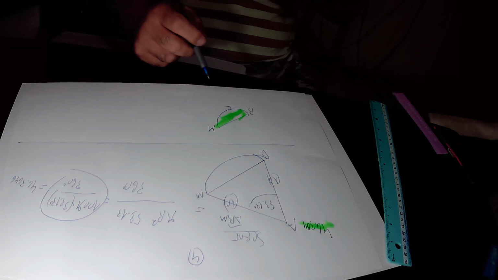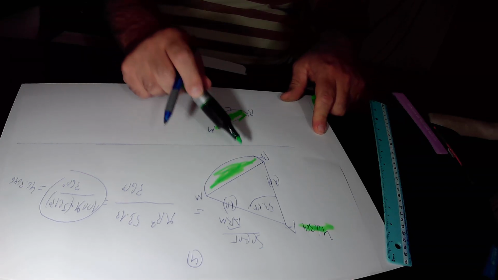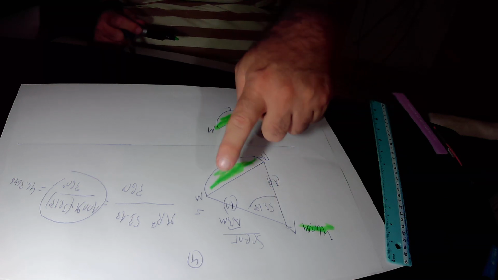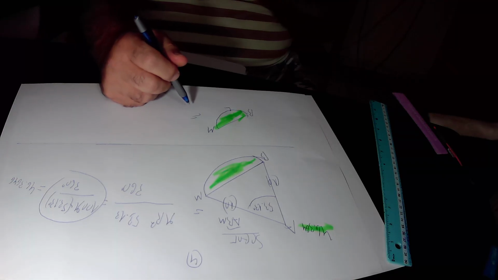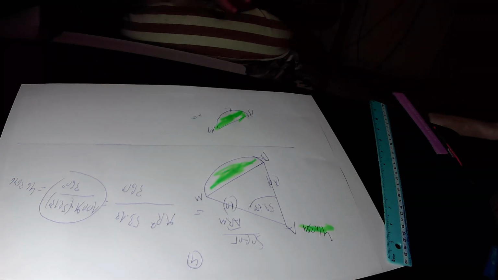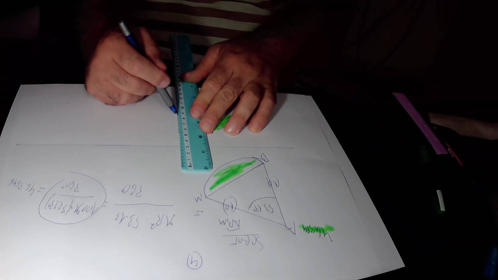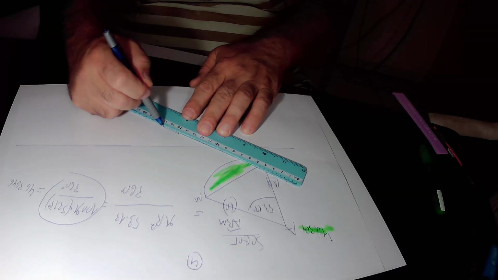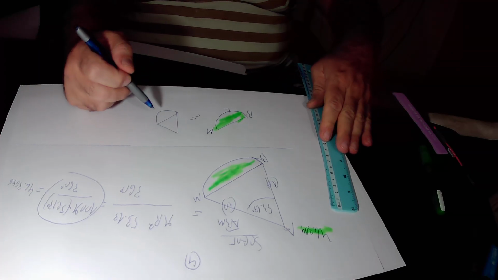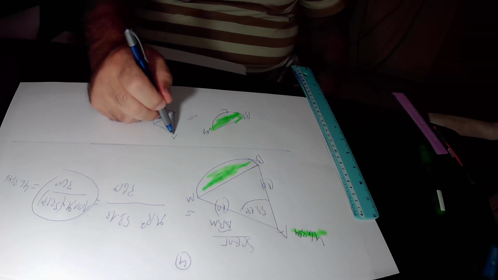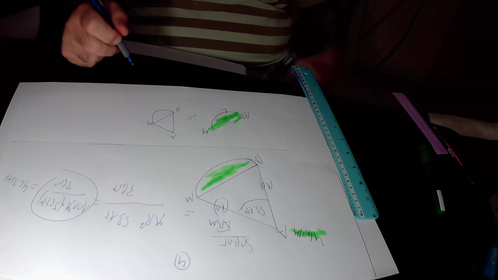It is very easy to say that the area of this lower segment BLM is equal to the area of the big sector ABM minus the area of triangle ABM.